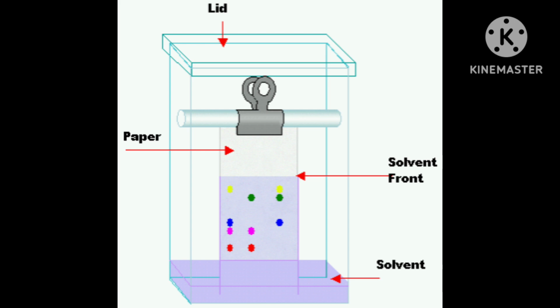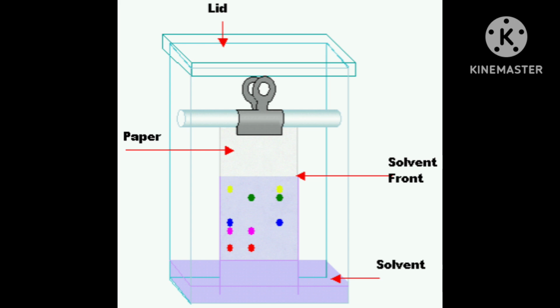You put it near the base of the paper. That is the mixture to be separated, near the base of the paper. After that, the third step, the paper with the mixture on it is placed base down.